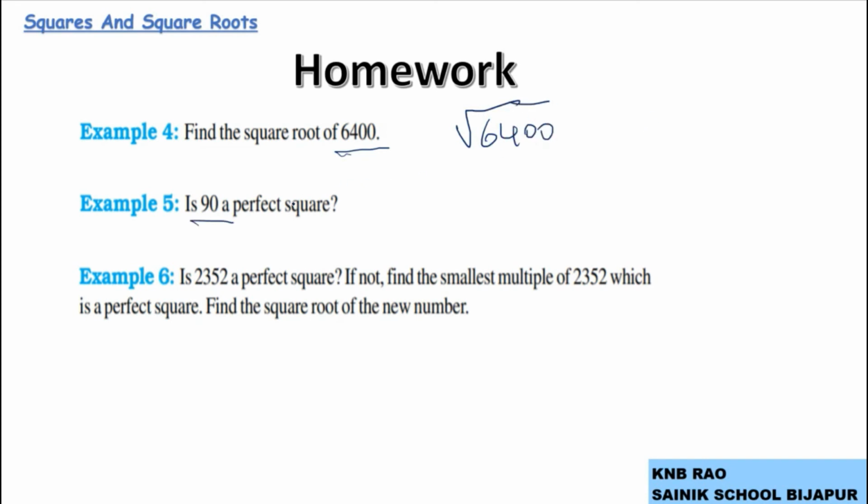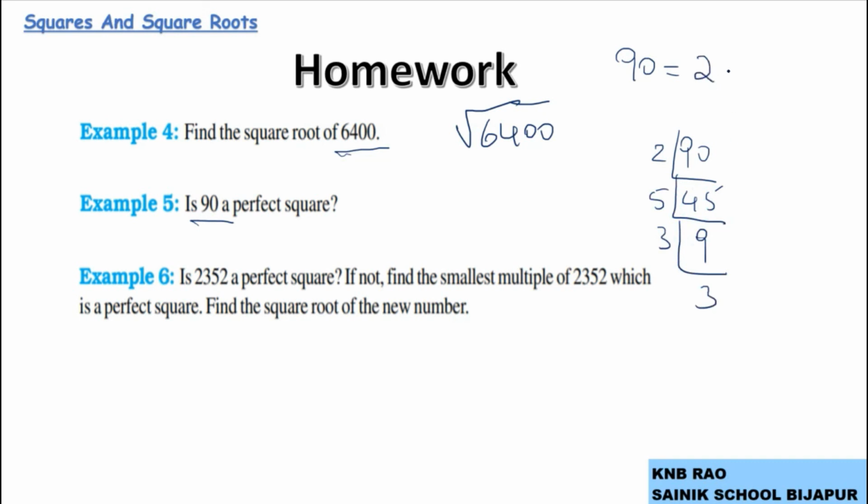Next question, is 90 a perfect square? If you want to answer this, you can answer by finding the prime factorization also. So the prime factorization of 90 is 2, 45 is 5, 9 is 3, 3 is 3.